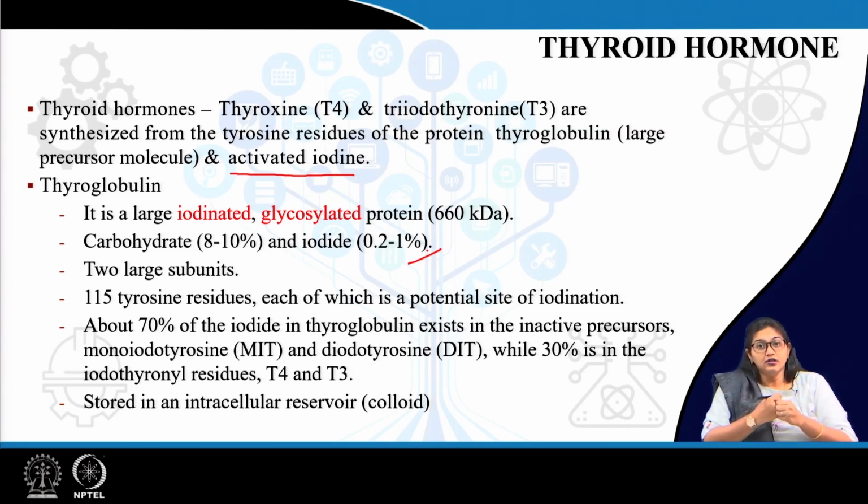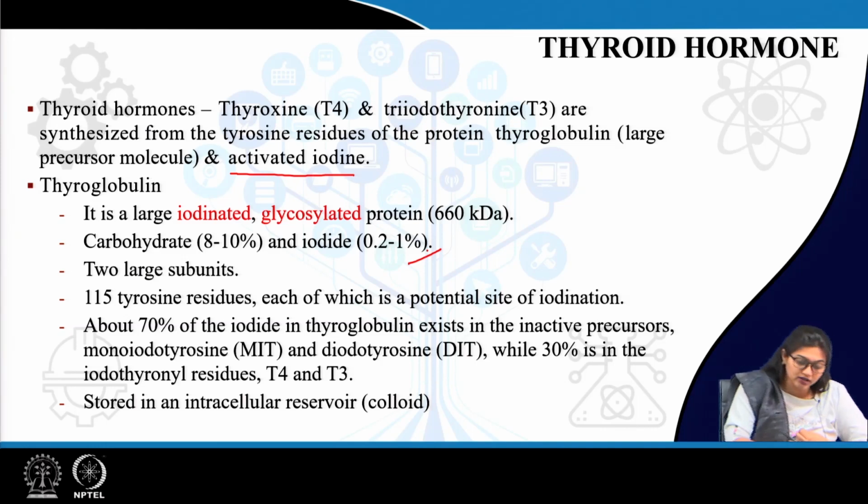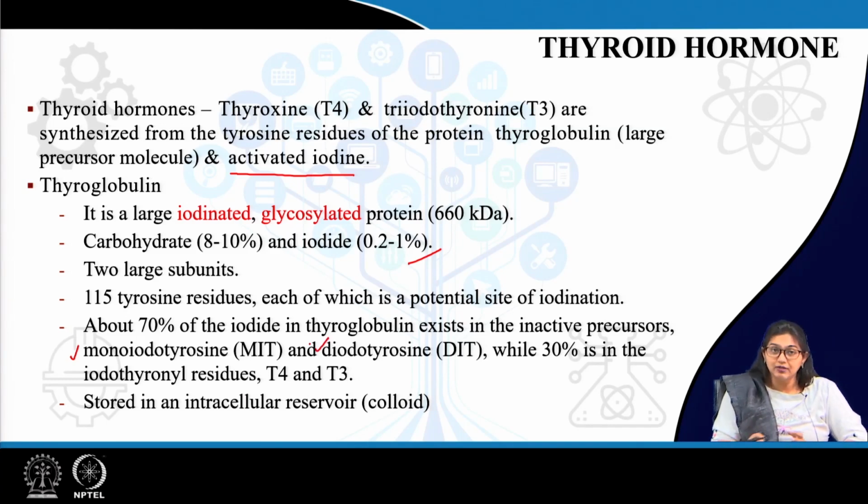Now, in the thyroglobulin residues, around 70% of the iodide exists in the inactive precursors, that is monoiodotyrosine and diiodotyrosine, and 30% are the iodothyronyl residues, T4 and T3.